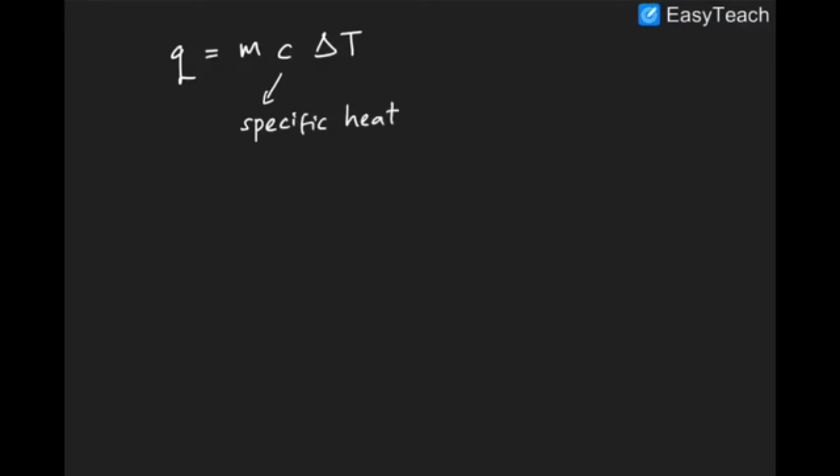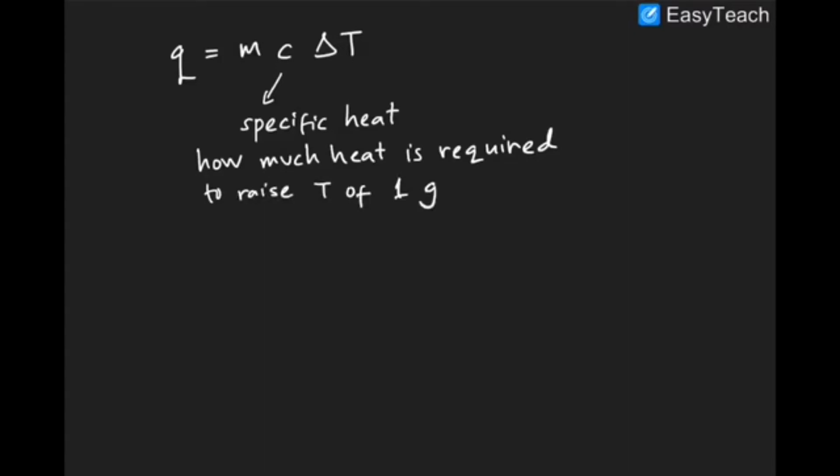Now, specific heat is characteristic for a material, and it is a physical property of that material that measures how much heat is required to raise the temperature of 1 gram of that material by 1 degree Celsius.